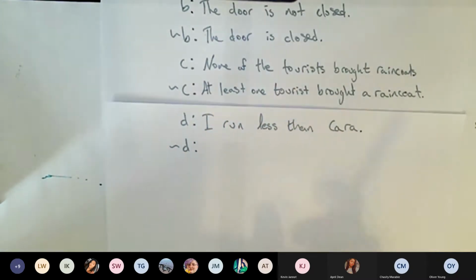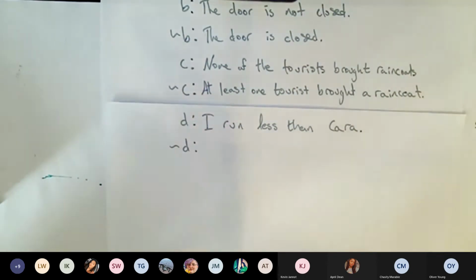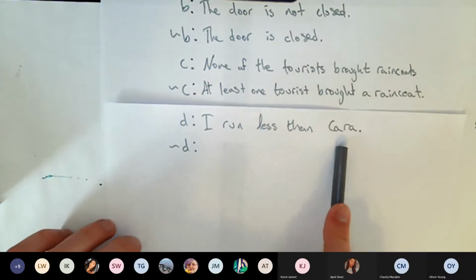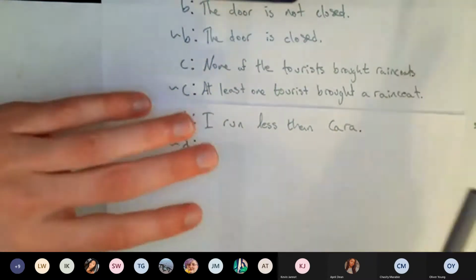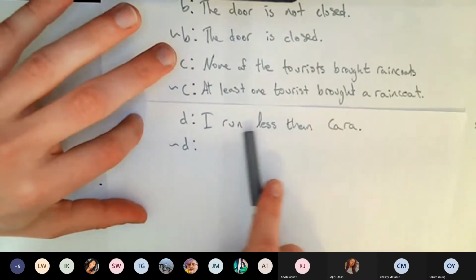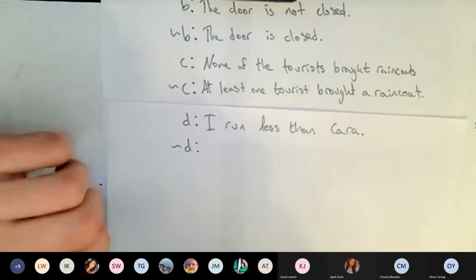So you may be tempted to just say I run more than Kara, right? But don't I also need to include when I run the same as Kara in my negation? So if I run less than Kara and Kara runs 5 miles and I run 5 miles, then this statement no longer is true because I've run equal to her, or equal distance, right?